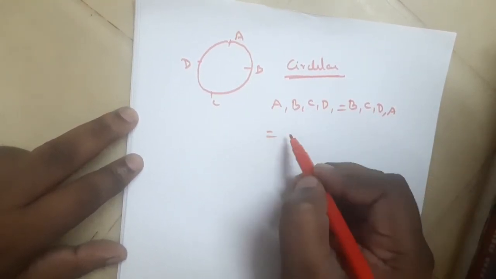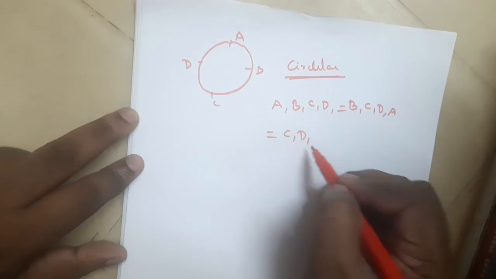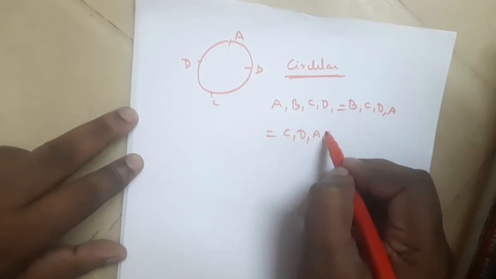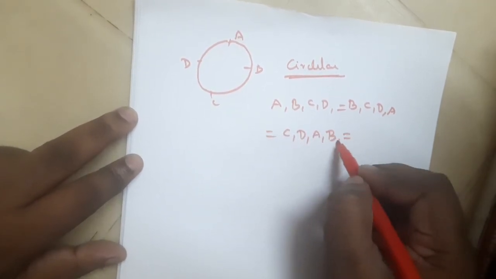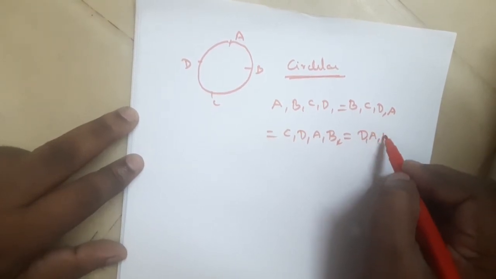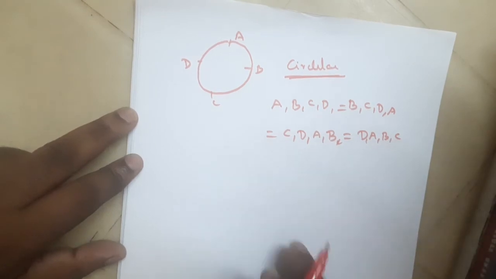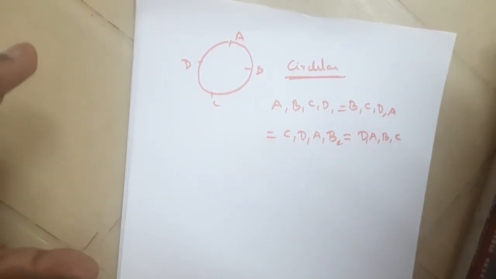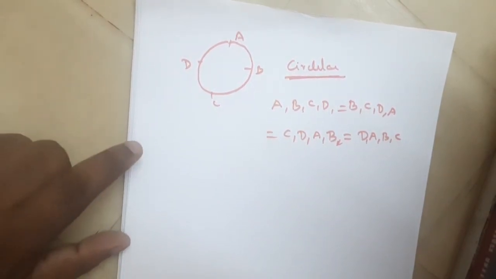Both are the same, and C, D, A, B is also the same, which is equal to D, A, B, C. So four arrangements are the same in circular arrangement.